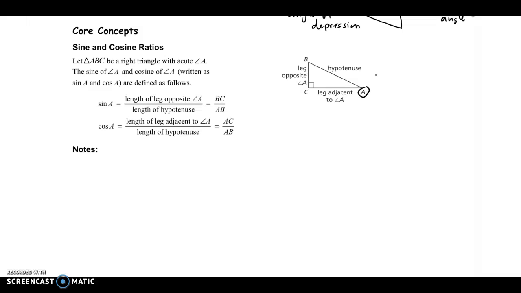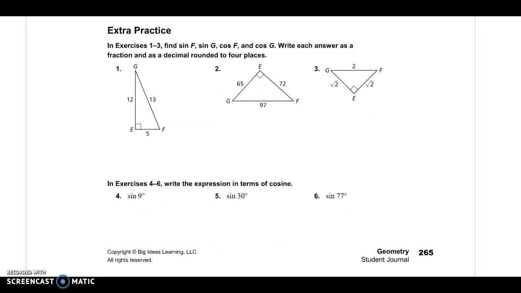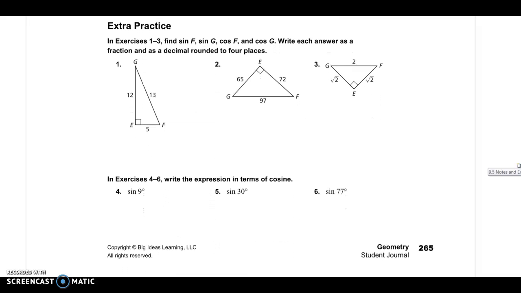That's really important for where you're taking the sine and cosine ratios from. You really got to pay attention to what angle we're talking about. The best way to get into this is to do some examples. But we'll just remember sine is the opposite over the hypotenuse, and the cosine is the adjacent over the hypotenuse. All right, so let's scroll down and get into the practice right away.